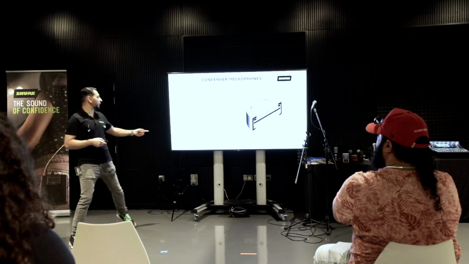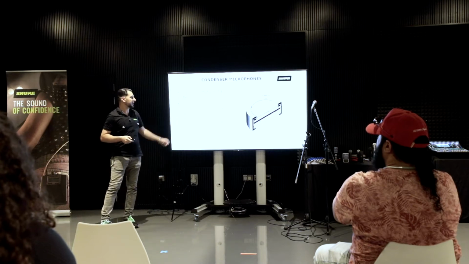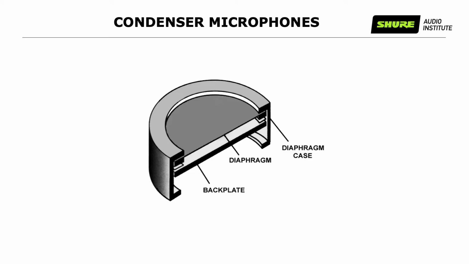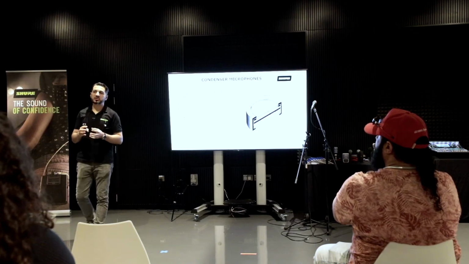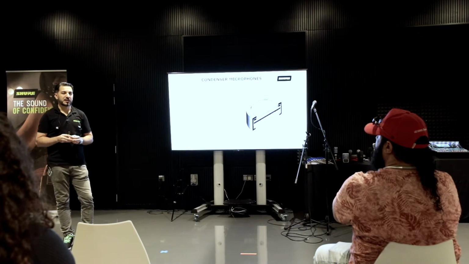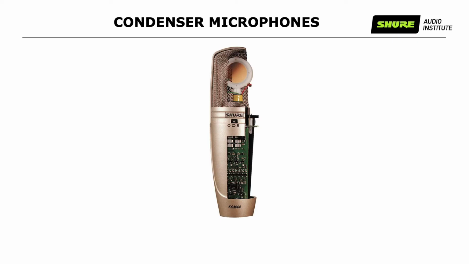So this is the part where we talk about the external power for two things: to charge the back plate, and also for the other electronics, which is called the preamp inside the microphone. So any condenser microphone has a preamp built into the bottle or in the handle of it. And that is to amplify the signal out of that diaphragm to be noticeable.